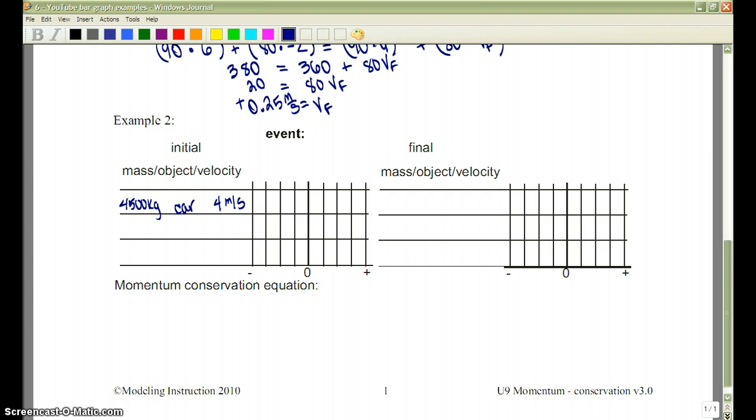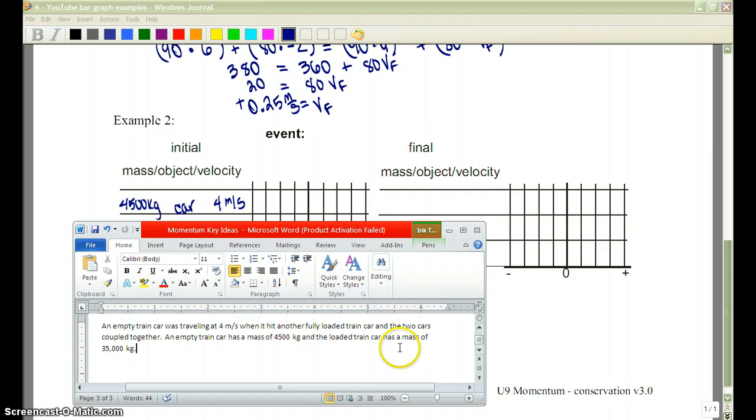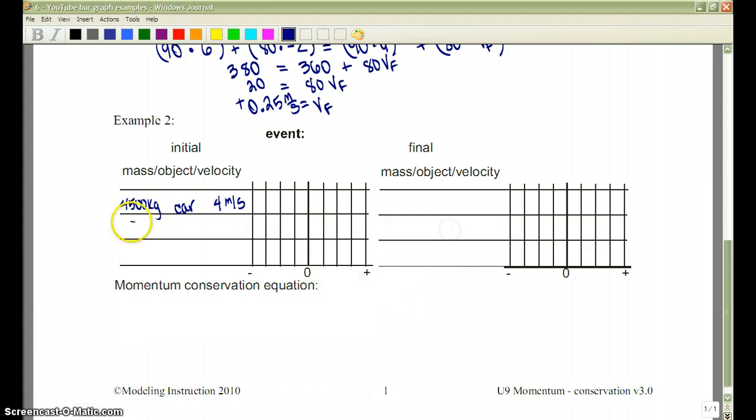And it also tells me then that it just hit a fully loaded train car. So that other train car, it doesn't tell us it was moving. But it does tell us that that train car weighs 3,500 kilograms. I'm going to call this empty car and full car. So initially, this one was just sitting still.